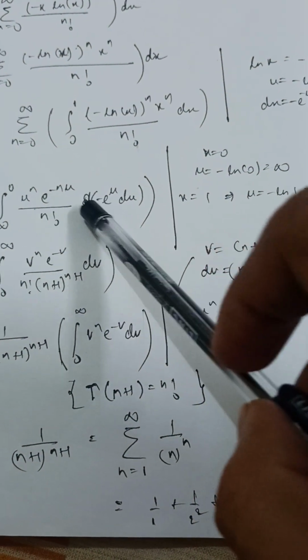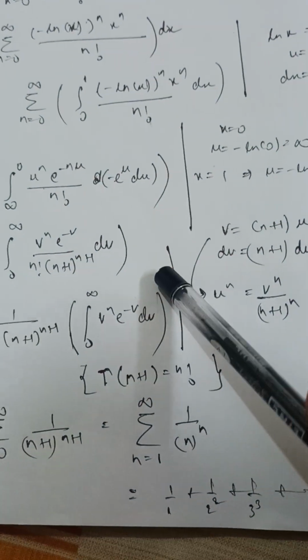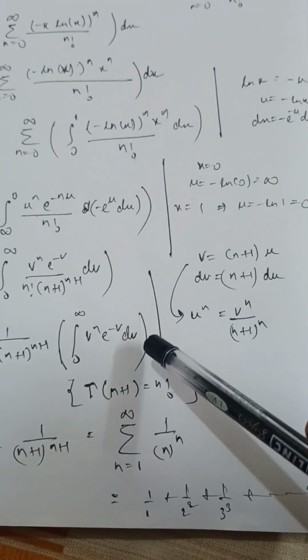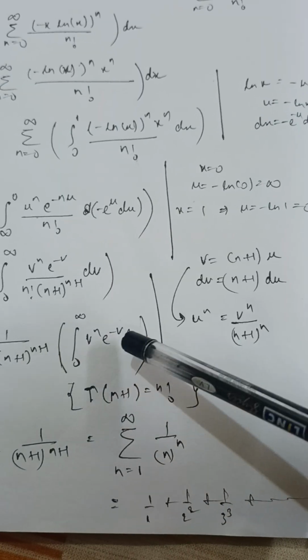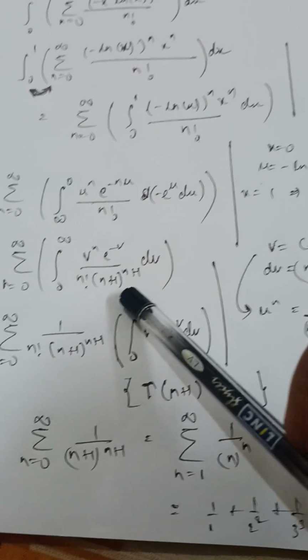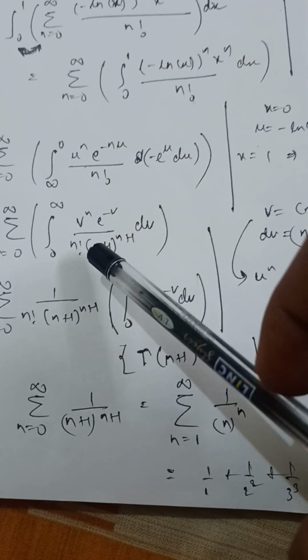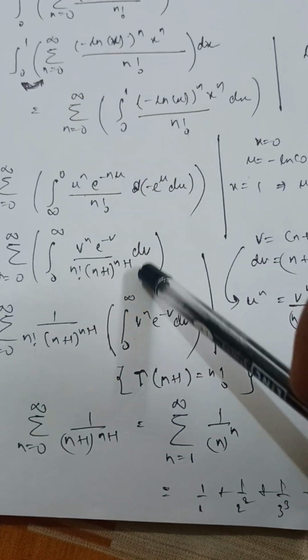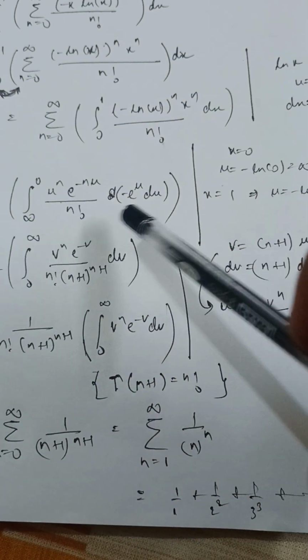I am combining this and summing the exponents. Then dv equals n plus 1 times du, so du will be dv upon n plus 1, which contributes another factor of n plus 1 in the denominator.